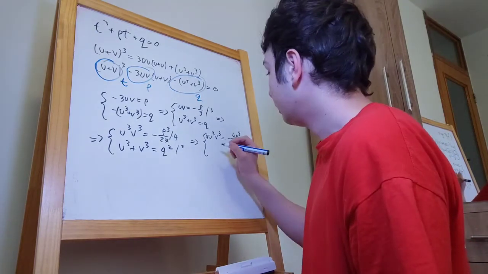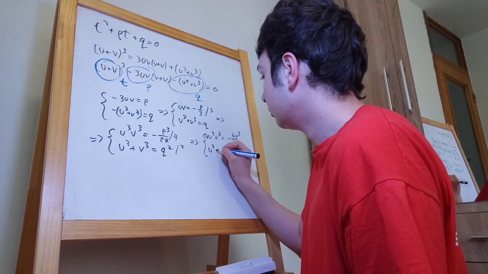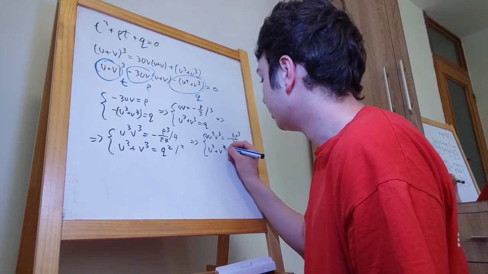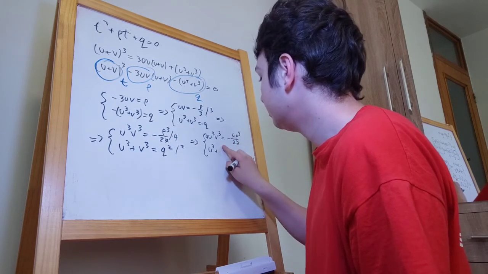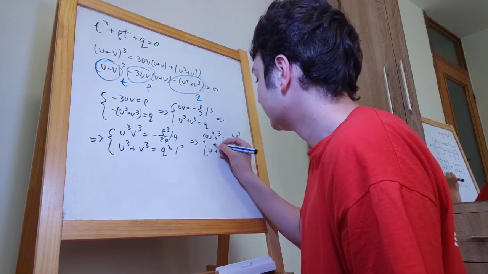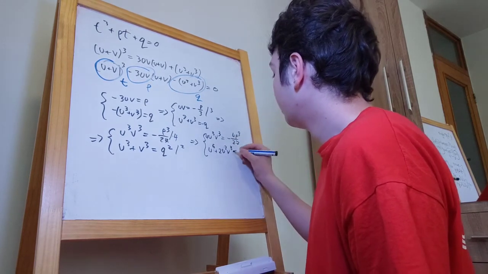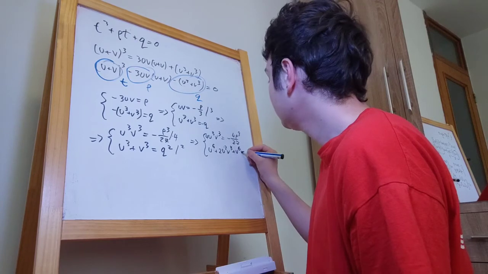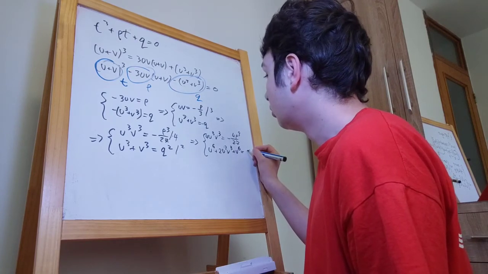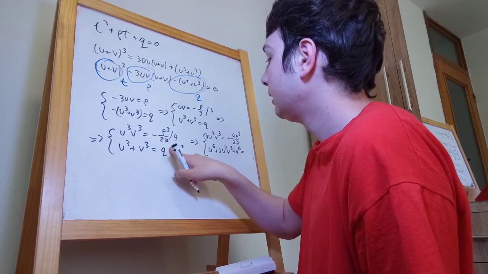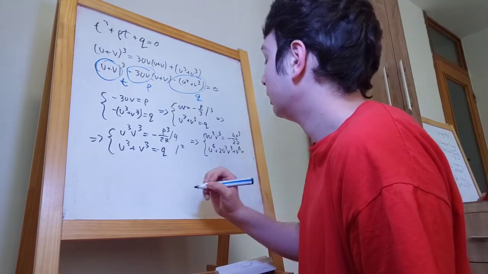And (u cubed plus v cubed) squared would be u to the 6th plus 2u cubed v cubed plus v to the 6th, which is equal to, so this would be actually minus q.